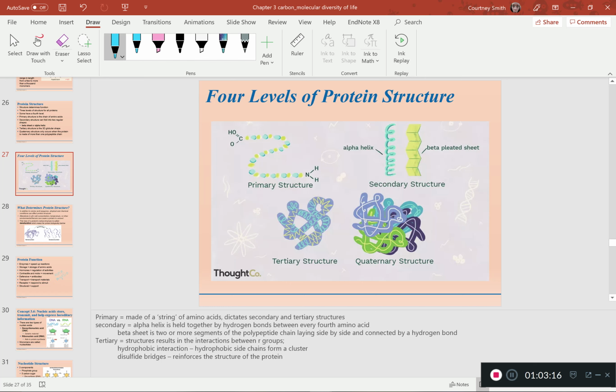And then ion channels. Quaternary structures within the cellular membrane help transport ions in and out of our cells, such as sodium, potassium, calcium. It's very, very important.